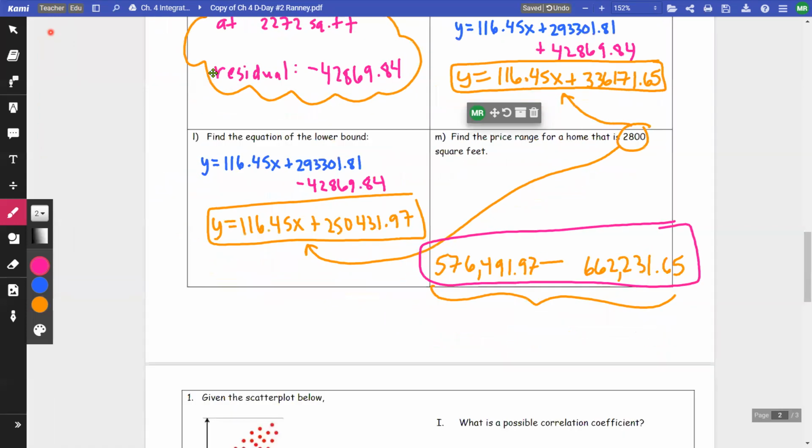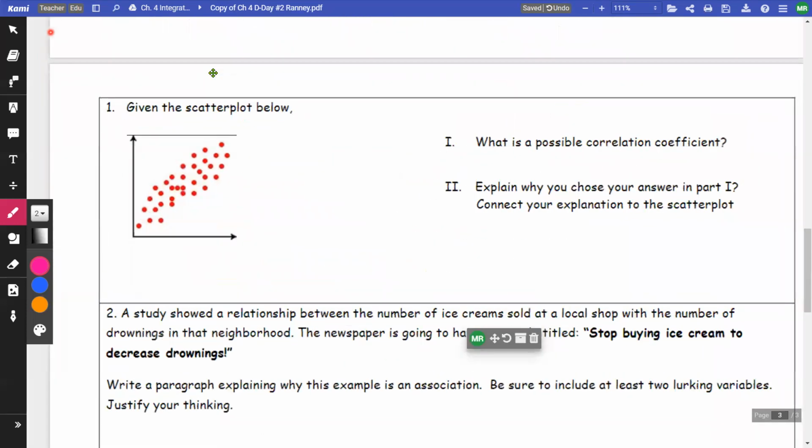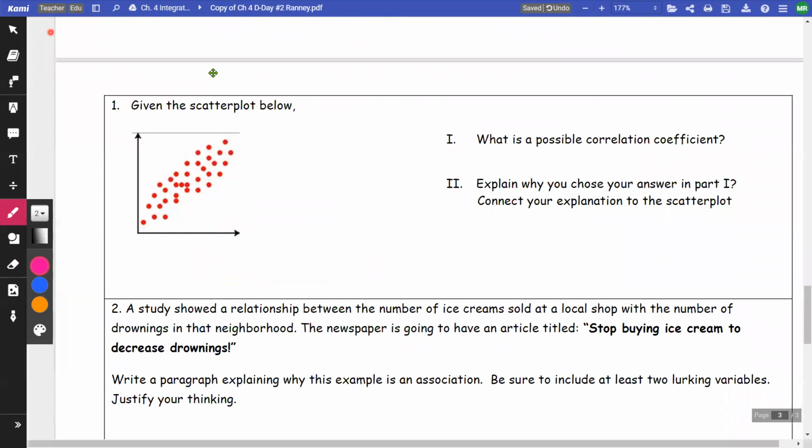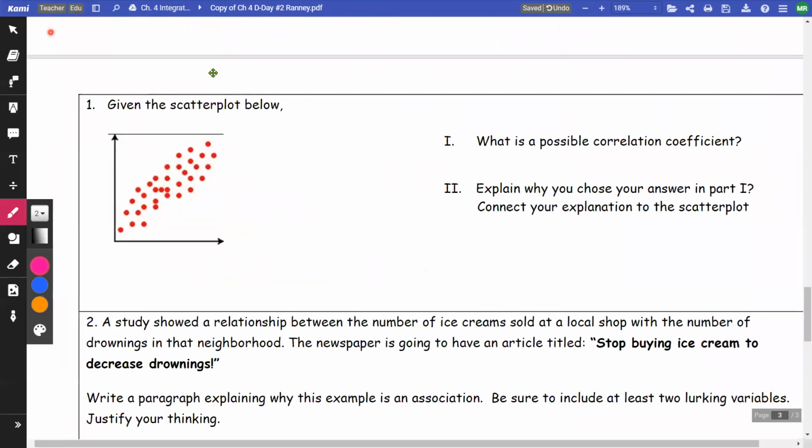Okay. So now on this, it says, what is a possible correlation coefficient? On this, I'm not going to give you an exact answer. You can give me an answer, but your R for this needs to be somewhere in between 0 and 1.